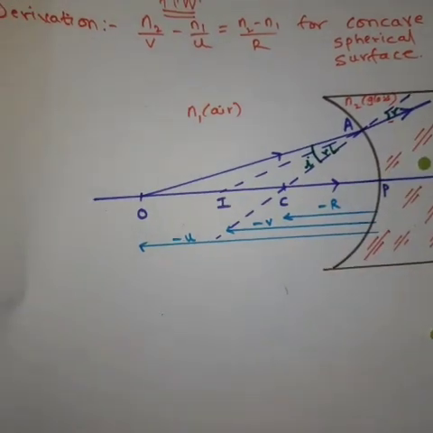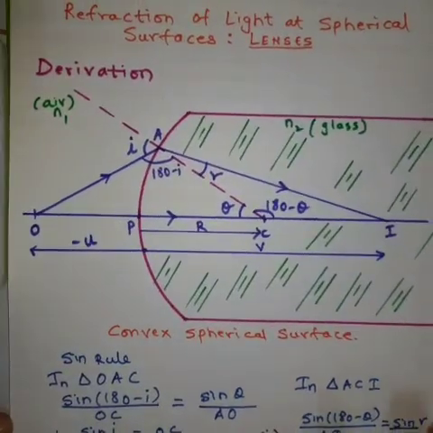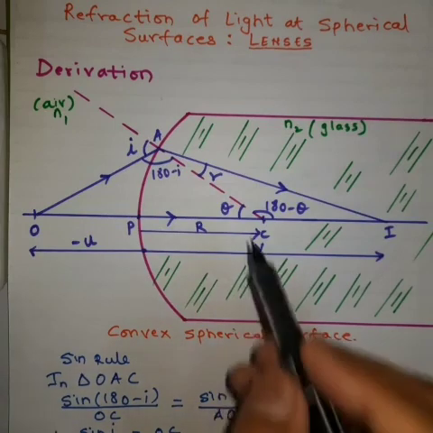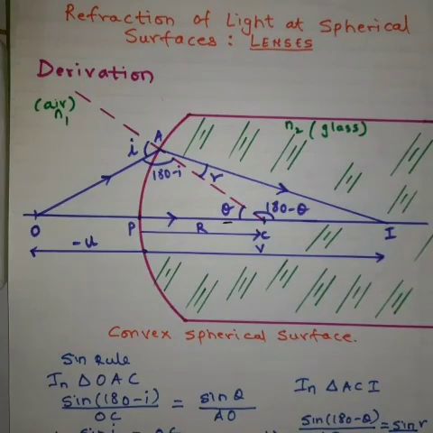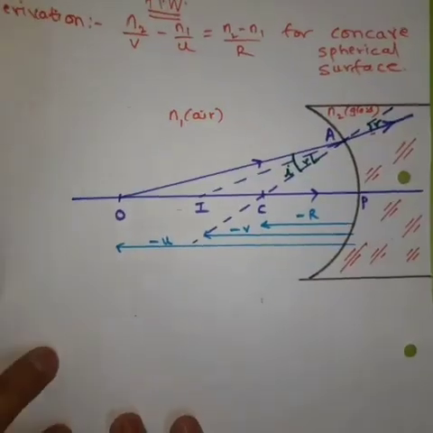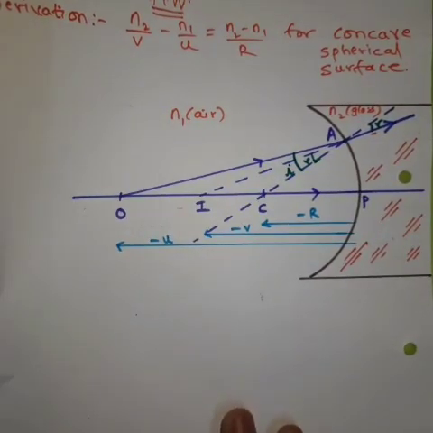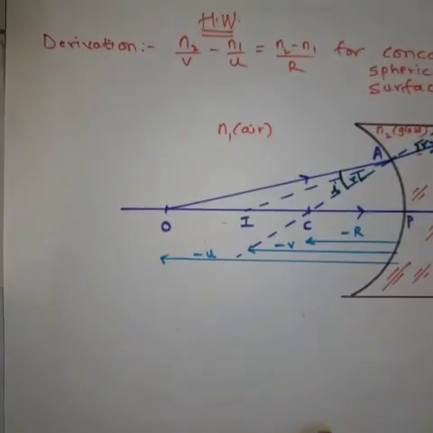If we look into our earlier diagram, we had only one extra angle in this particular diagram, and that is this theta. Now it's a challenge for you: in this particular diagram, where will you assign the angle theta, and how will you derive this equation using our earlier concept?